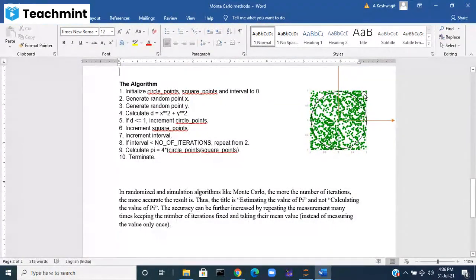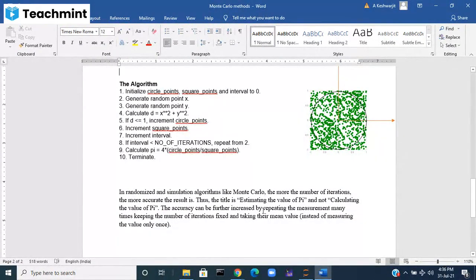Then from this I estimate the value of pi. I get 3.1 something. That is one measurement. Then I repeat the measurement: another 1000 points generated inside this square, and I estimate the value of pi again.